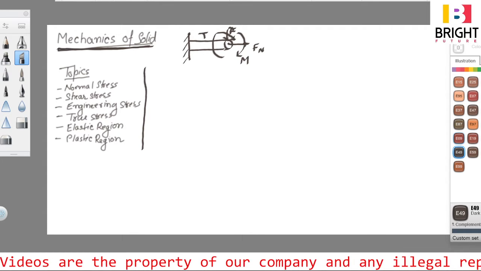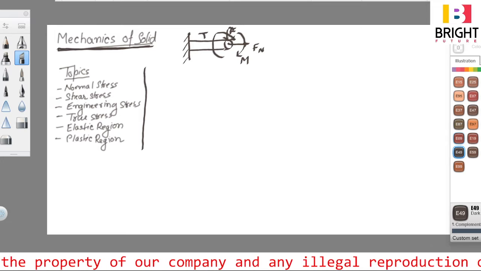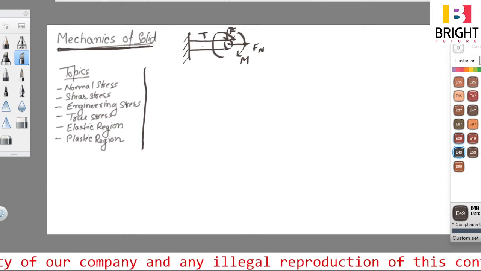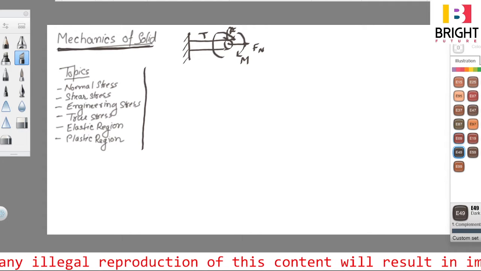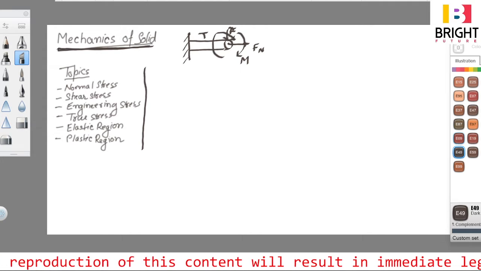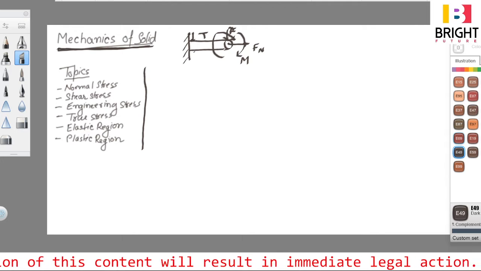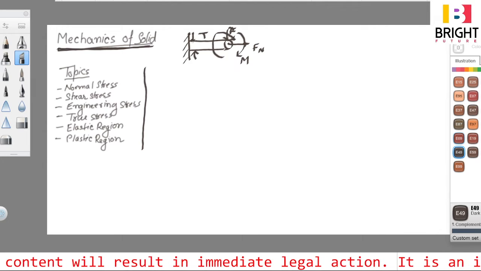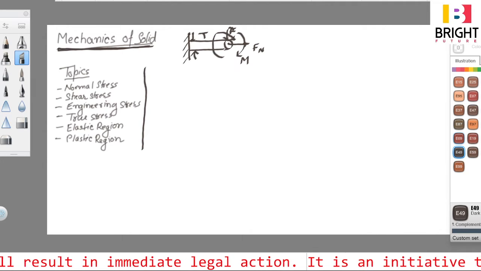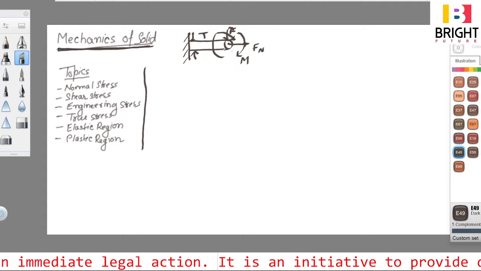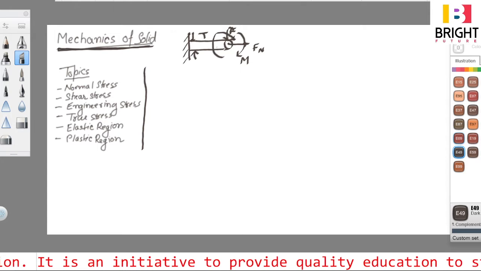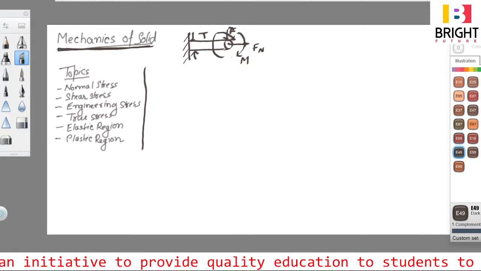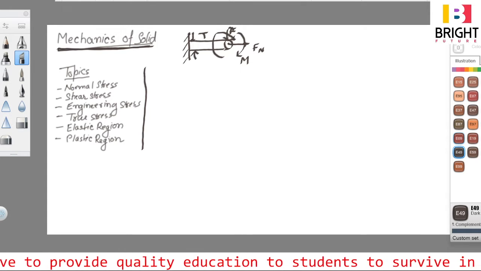Now we want to know how this element will behave under the application of all these kinds of forces, and we want to find out what the diameter or the cross-sectional area of this element should be when we design it, so that it can sustain all such forces.